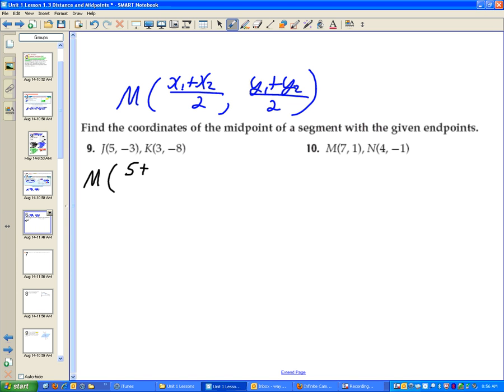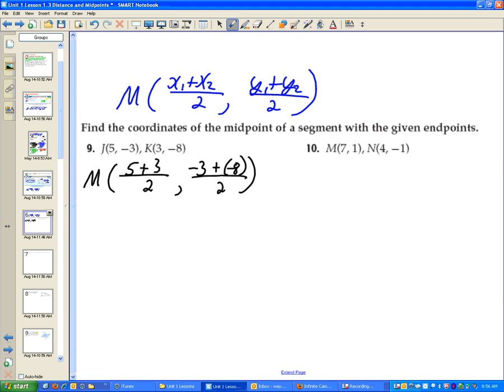What's the x-coordinate of the second point? 3, divided by 2. The y-coordinate is y1. What's the y-coordinate of the first point? -3 plus y2. What's the y-coordinate of the second point? -8.